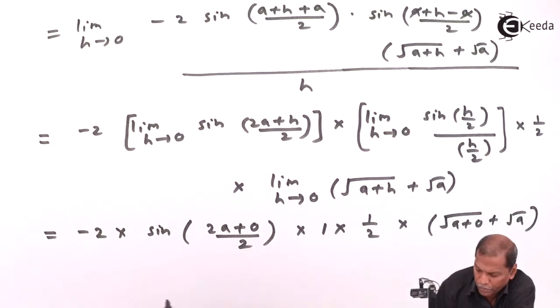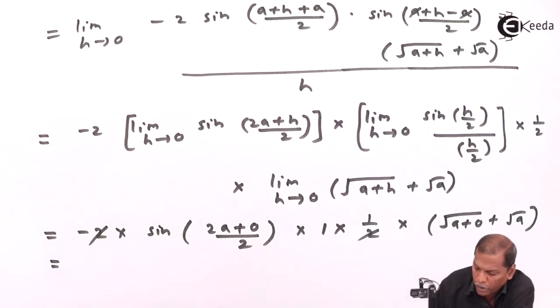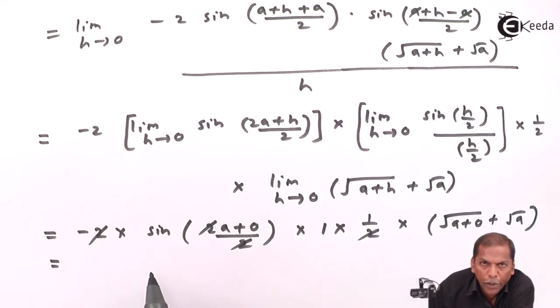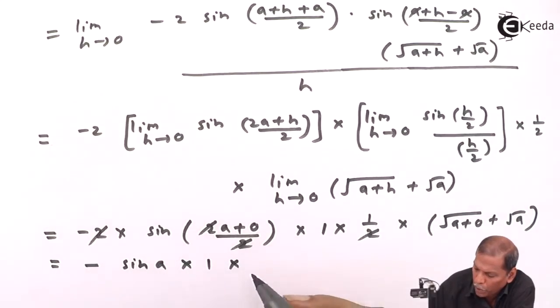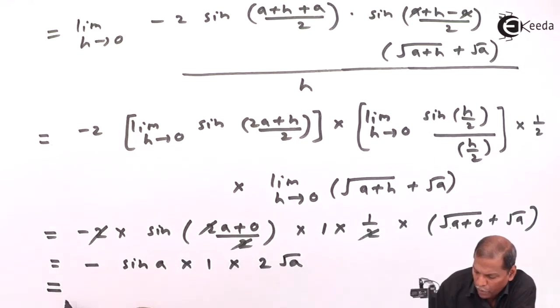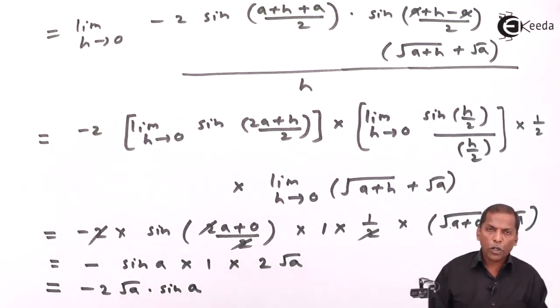So now we cancel 2 from numerator and denominator, and also cancel 2 inside the sine bracket from numerator and denominator. So we are left with minus sine of a into 1 into (root a plus root a), that gives 2 times root a. So finally we get minus 2 root a into sine a. So this is the required solution for the given problem.